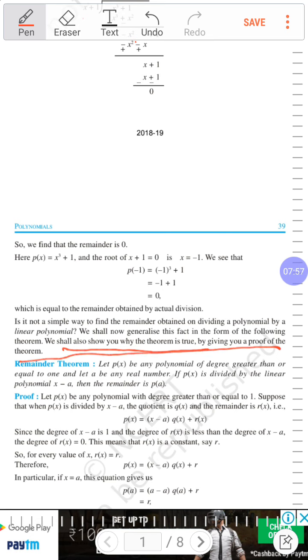So here below, if you will see, here it has been stated, the remainder theorem, and even its proof.